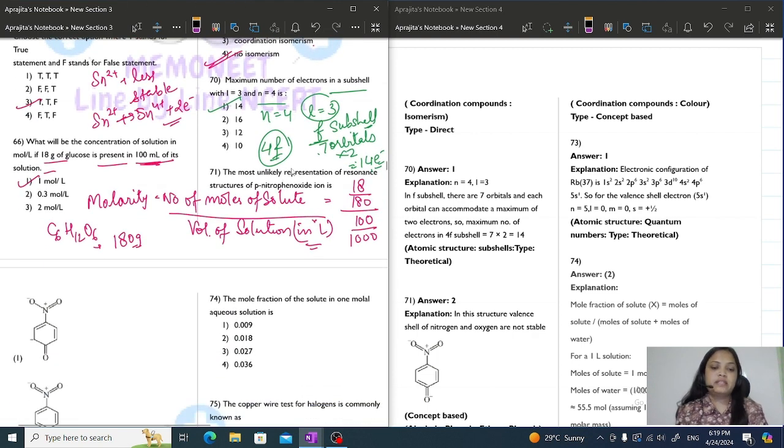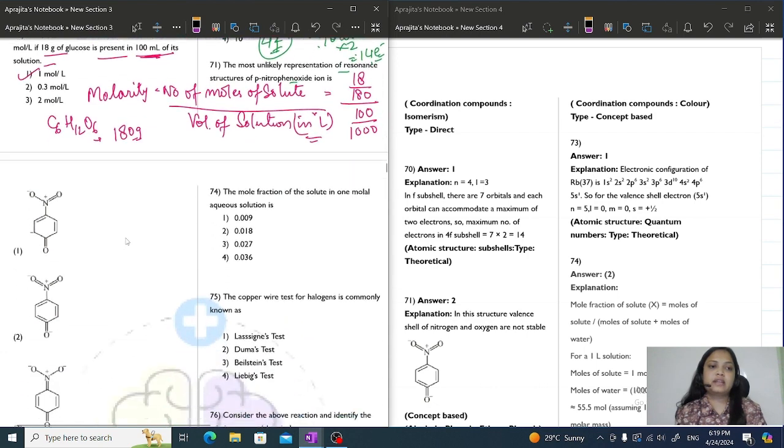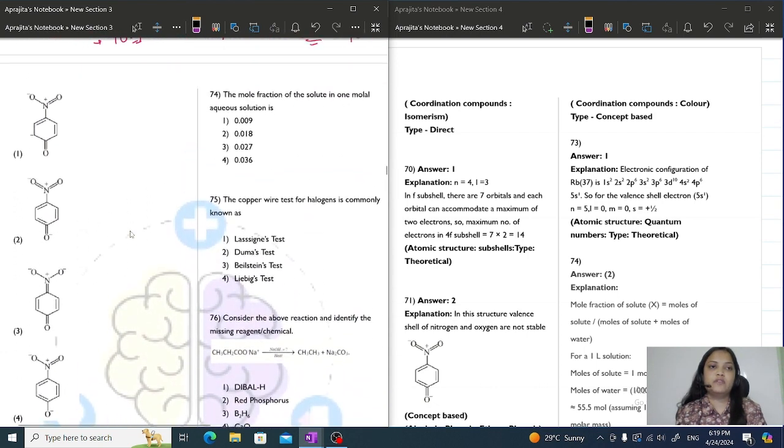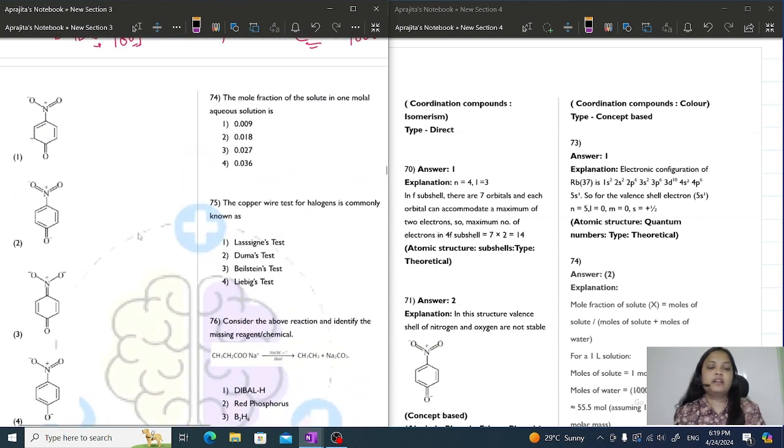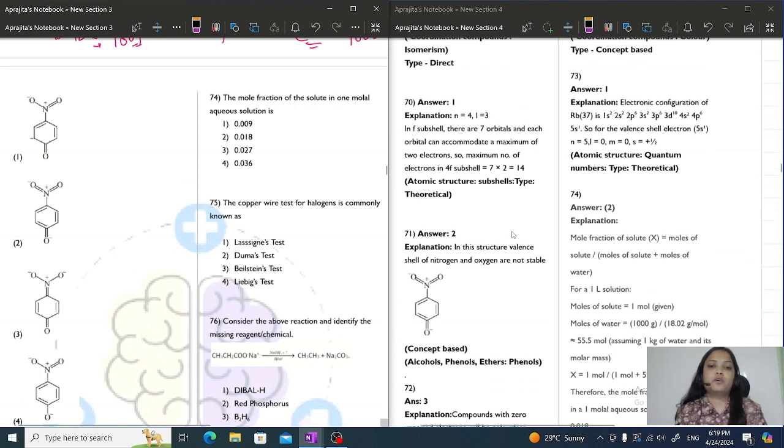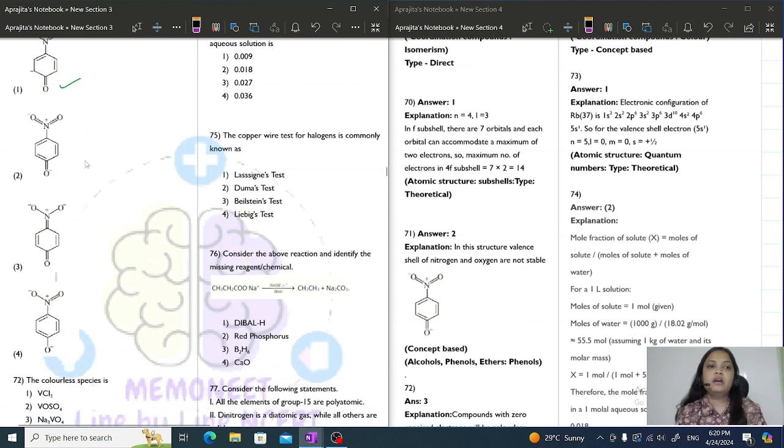Now question number 71, the most unlikely representation of resonance structure of para-nitrophenoxide ion is. So there are 4 structures given to us. We need to find out which one will be wrong. So here we can see that in this case nitrogen is having a positive charge and forming 4 bonds. This is fine. Oxygen is forming a double bond. But in the second structure, just have a look.